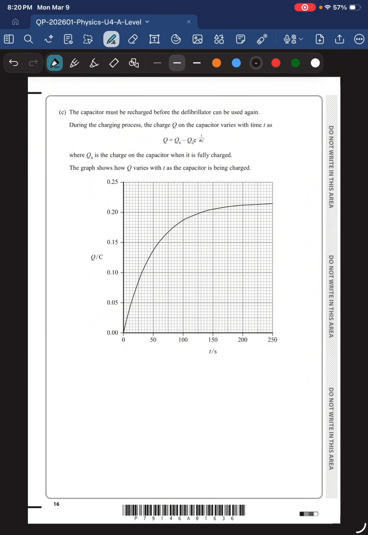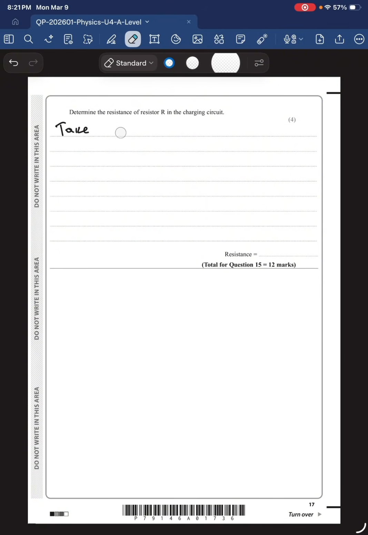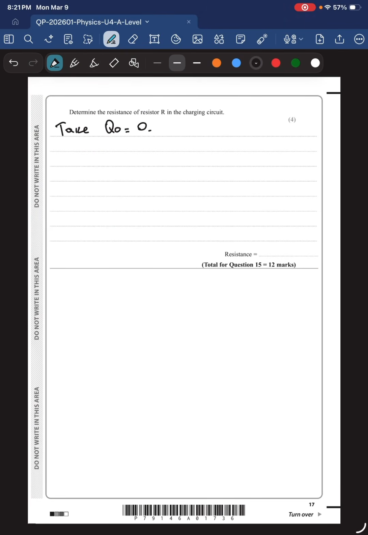Okay, the graph shows how Q varies with t as the capacitor is being charged. Okay, determine the resistance of resistor R in the charging circuit. Okay, so we will take Q naught. We can take it from the graph, but let's take it from what we calculated earlier, which is 0.21 coulombs.